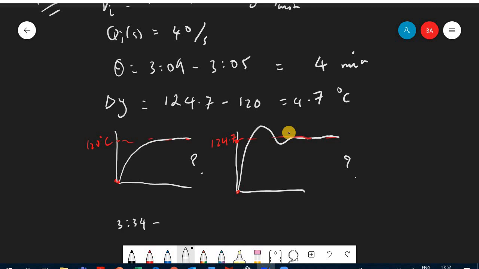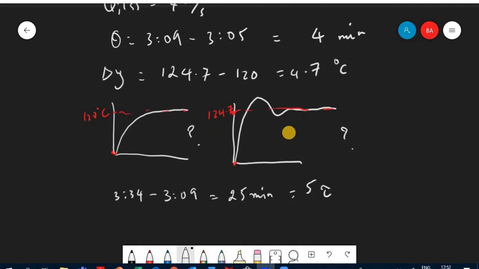So 3:34 minus 3:09, where it first appeared to have a change, is equal to 25 minutes. If I consider that it takes about 5 tau to reach its new steady state, I can calculate tau to be 25 over 5, which is equal to 5 minutes.